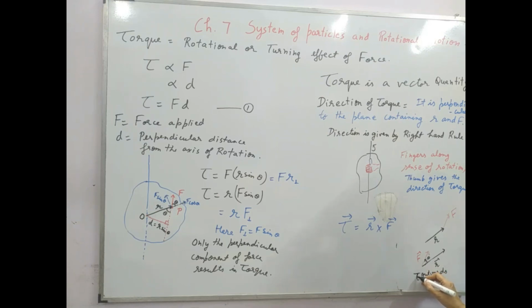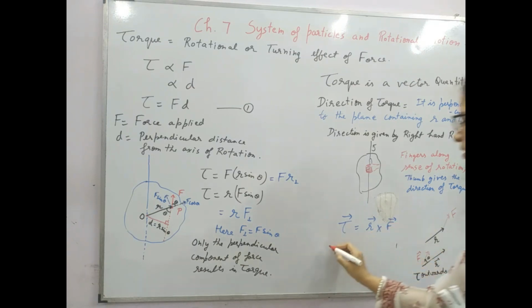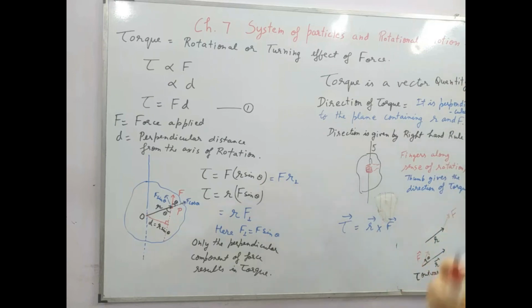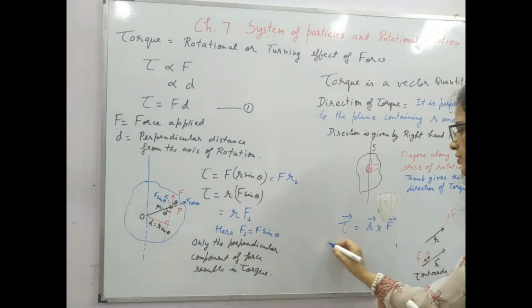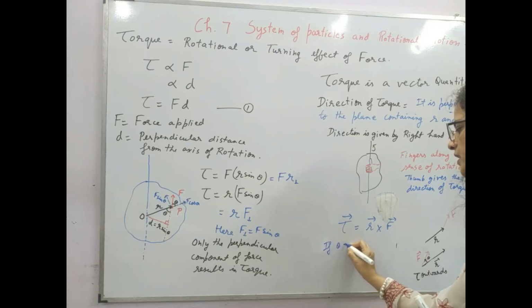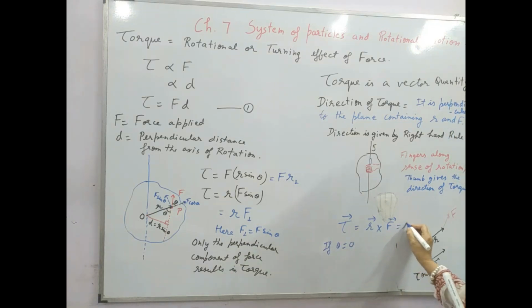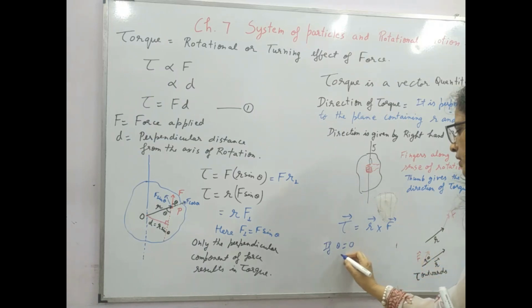Moreover, the magnitude is r F sine theta. If the angle between the two is 0, then what will be the value of torque? If theta is equal to 0, we know the magnitude is r F sine theta, so torque will be 0.